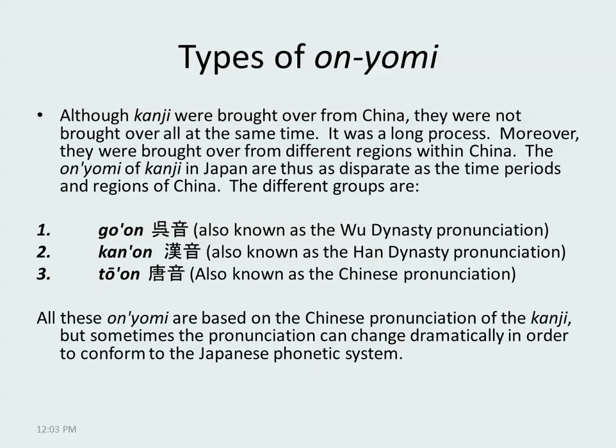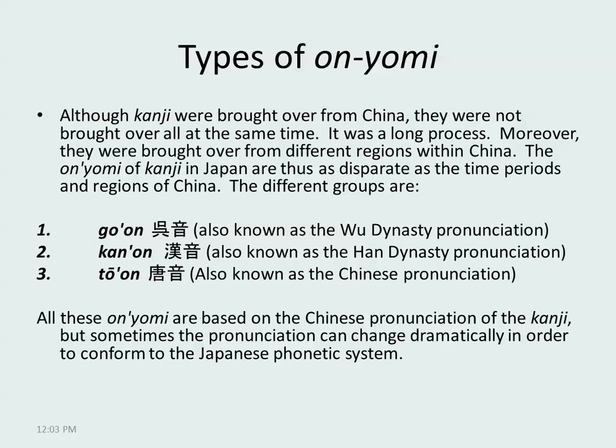And of course, to add insult to injury, if you will, Chinese is a much more sound-rich language than Japanese. Japanese is fairly limited in the number of phonemes that it has, and so the Japanese were listening to various Chinese pronunciations of characters and coming up with a near approximation, but certainly not the identical pronunciation that the Chinese were using.